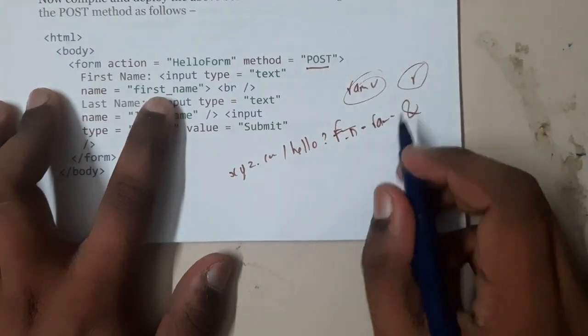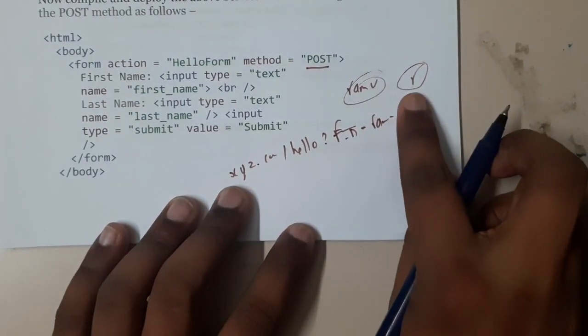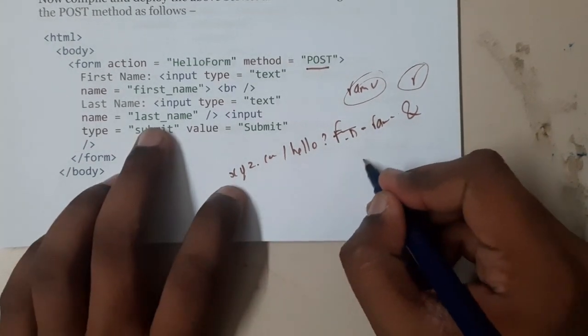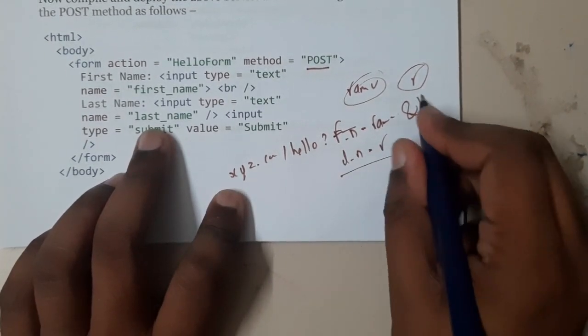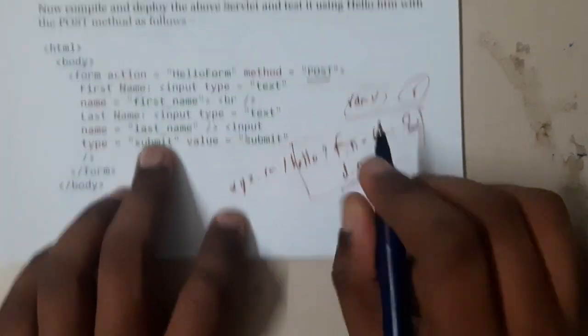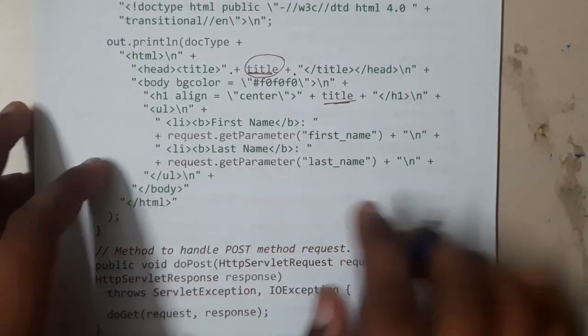Because we are passing multiple parameters, and if there is only a single parameter, we end there, the second parameter is the last name equal to R, in this way.